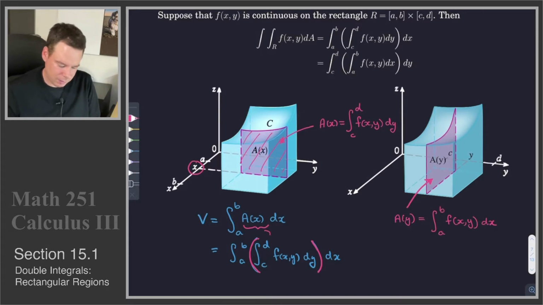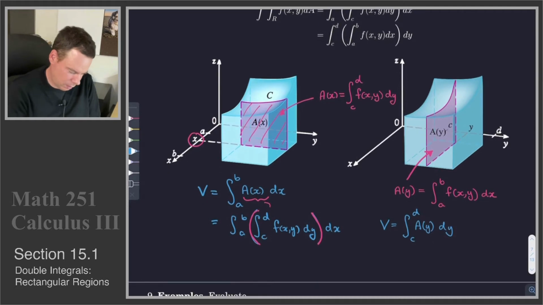So that gives us the area of this region. Now to find the volume, and that's for any given y value, we integrate over all of these slices. So we integrate over A(y) as y goes from c to d. And again, this gets just replaced with the integral that we have representing it.